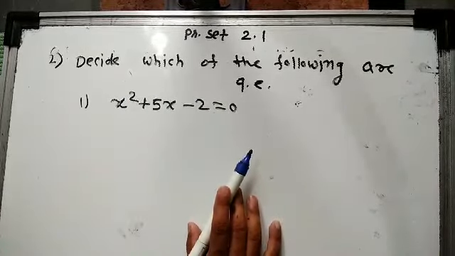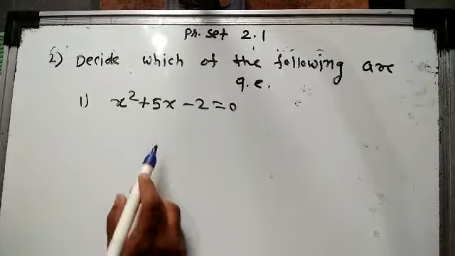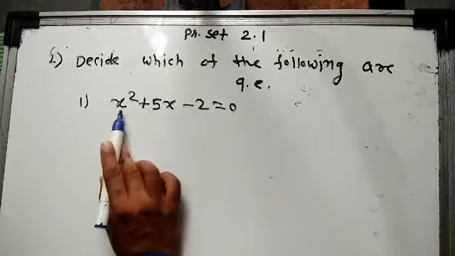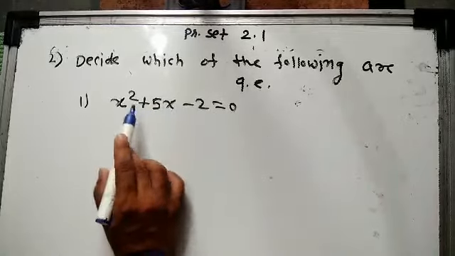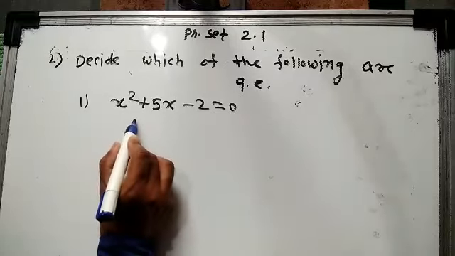Here, what is a quadratic equation? If the highest index is 2 and there is only one variable. Here, how many variables are there in this equation? There is only one variable, that is x, and the highest index is 2. Therefore, it is a quadratic equation.